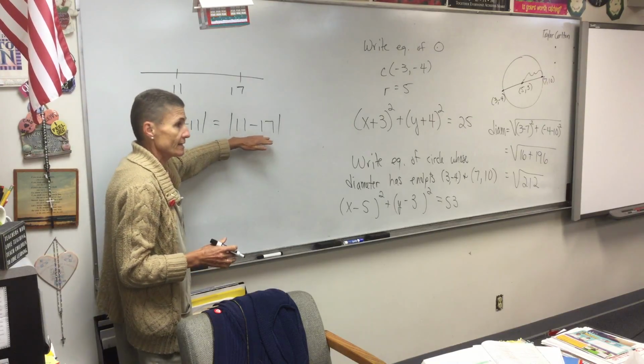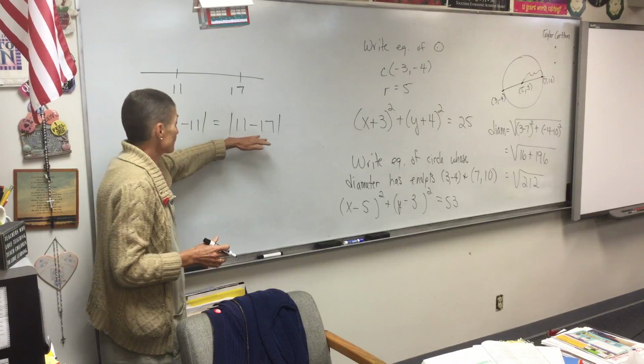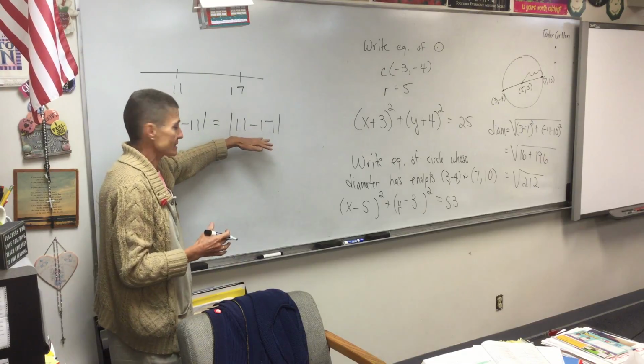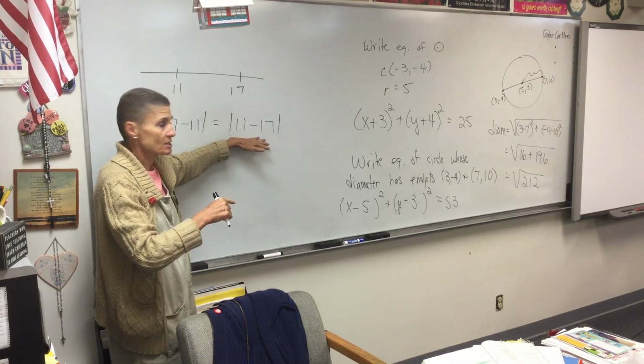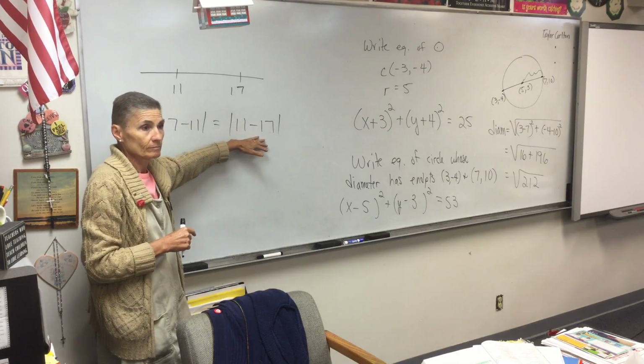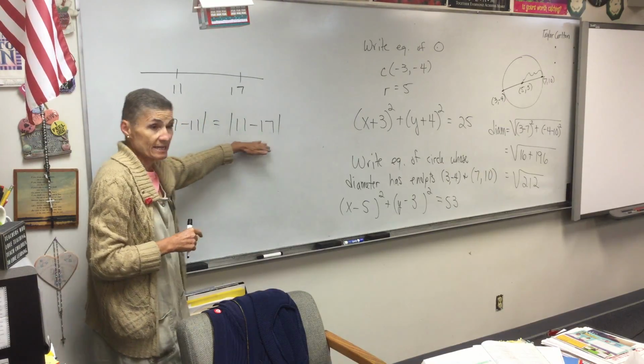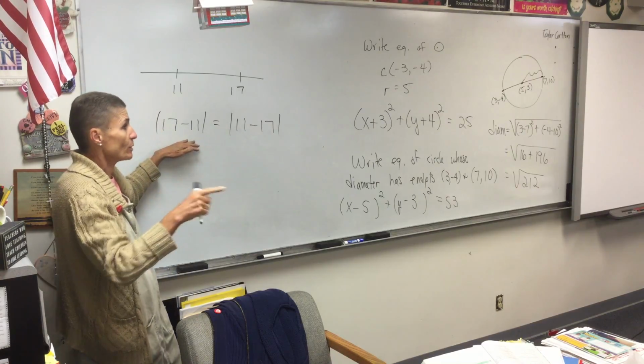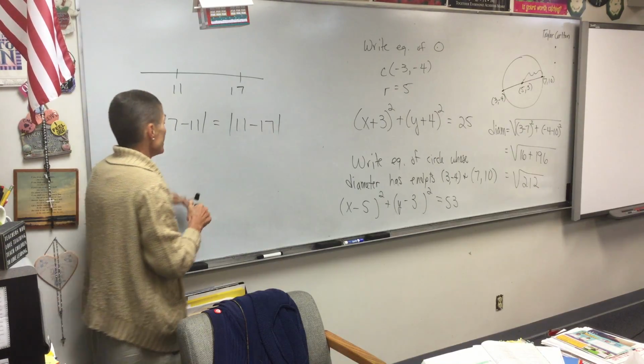So when I look at this right here, this basically is saying the distance between 11 and 17. Either one of these. That's what it's saying. The distance between 11 and 17.